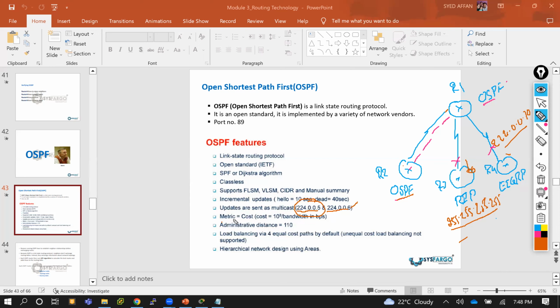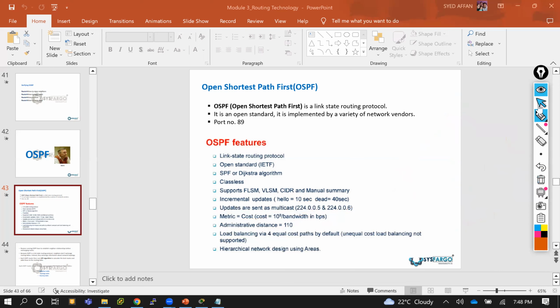Next, the metric is cost. Cost is equal to 10 to the power 8 divided by bandwidth in Mbps. When you have multiple paths, for example, this is my router 1.